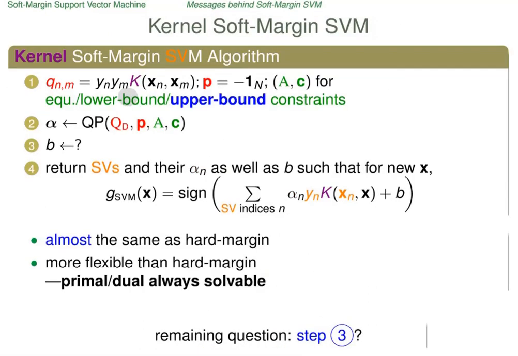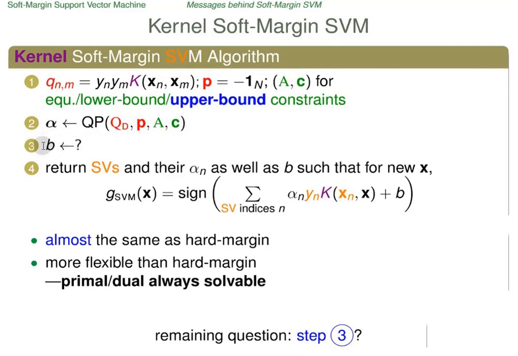The dual formulation can again be solved by general or specifically tailored quadratic programming packages. Given data with the corresponding labels, we first compute the Q matrix using the kernel function, and we define the standard form acceptable by the quadratic programming solver by defining A, C, and P. Second, we run the quadratic programming solver and obtain the alphas as solutions.